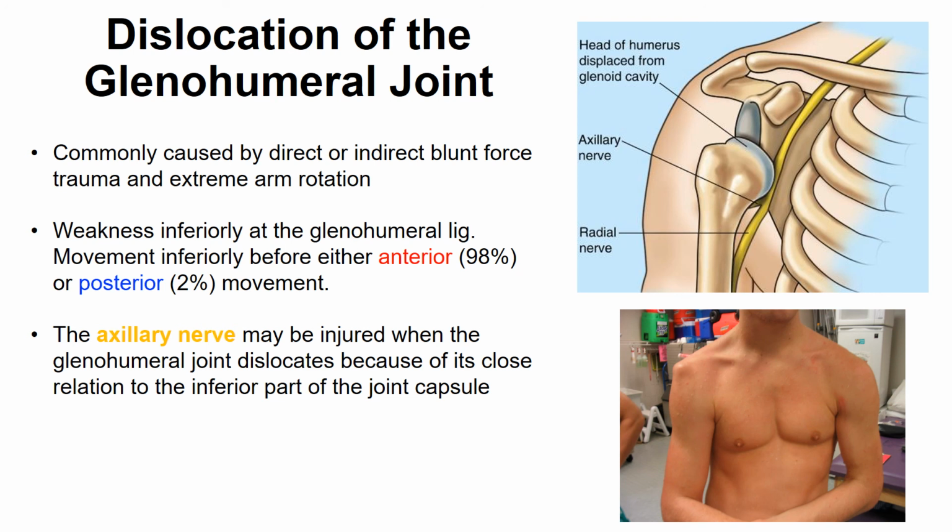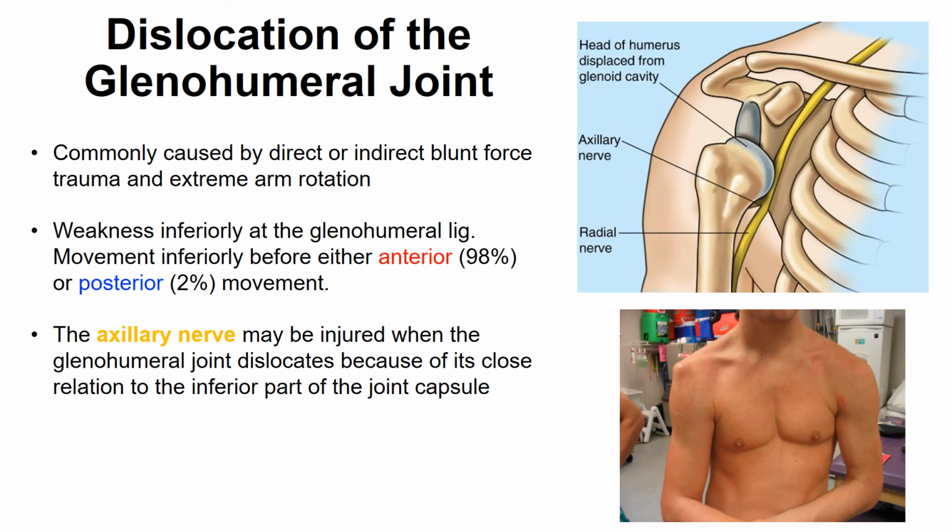So when you dislocate your shoulder, it's immediately going to go inferior. The type of dislocation will depend on where it moves after that, whether anteriorly or posteriorly. Almost all of them are going to move anteriorly. Posterior dislocations, so inferior movement then posterior movement, are very rare.